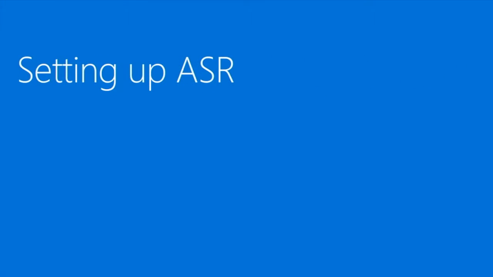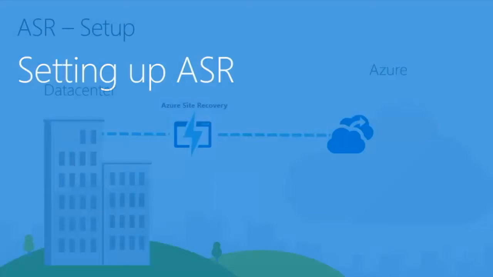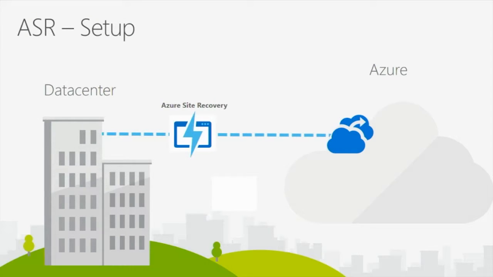Okay, so setting up Azure Site Recovery. I want to go over this pretty quickly because I actually want to show you it in the console, but I just want to give you the general feel. So the way we set up ASR, as I kind of hinted at, is different depending on the on-premises infrastructure that we've got.